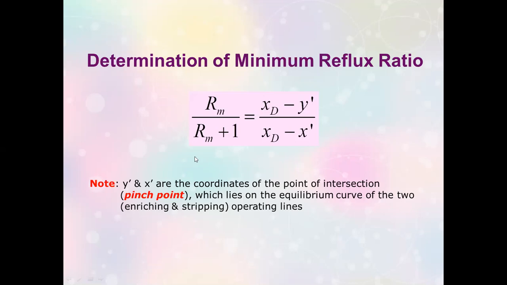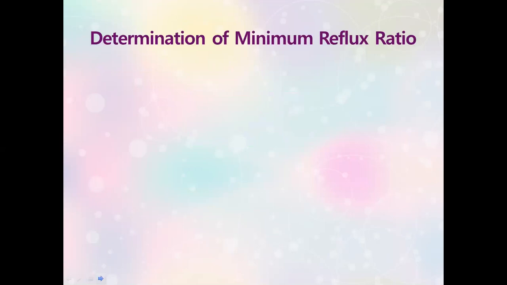And the optimization of the number of trays, or the size and how tall your tower would be, is dependent on the optimum operating condition. The optimum operating condition is dependent on the minimum reflux ratio. So we need to know how to determine the minimum reflux ratio.